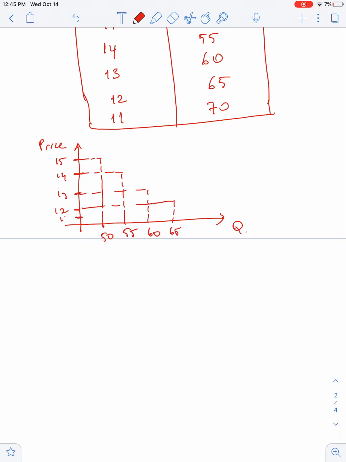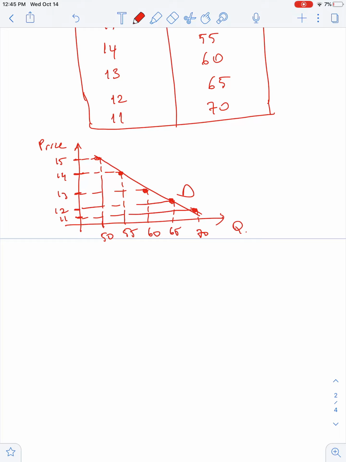If it is 11, it is 70. Then you are going to combine those points. Actually, this is a demand curve: a graph showing the relationship between price and quantity demanded at each price.